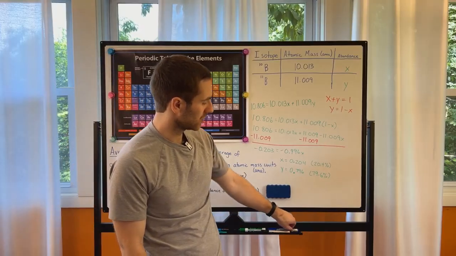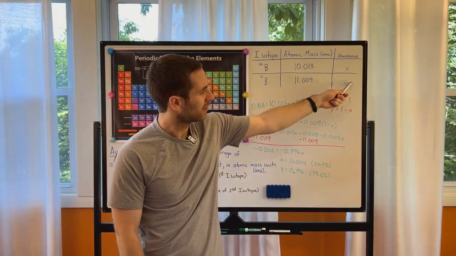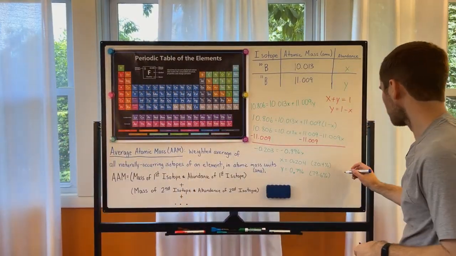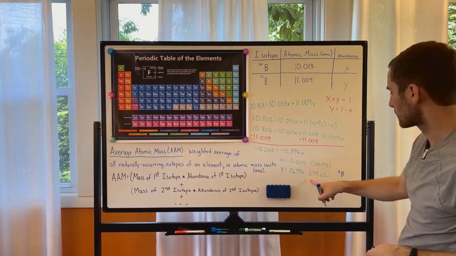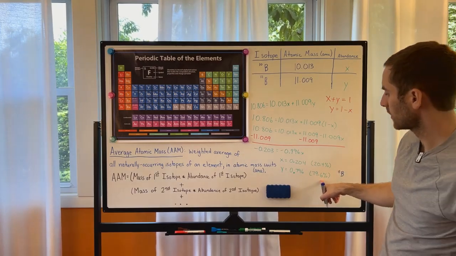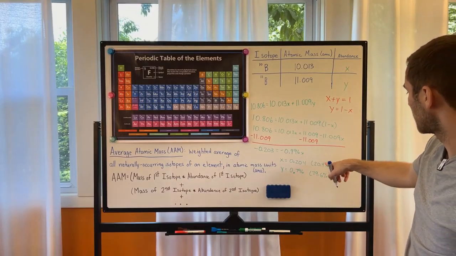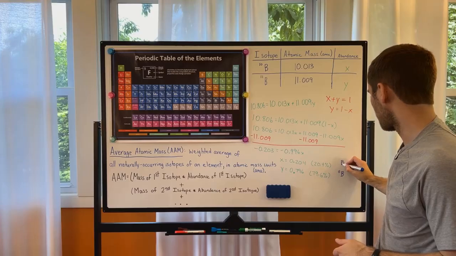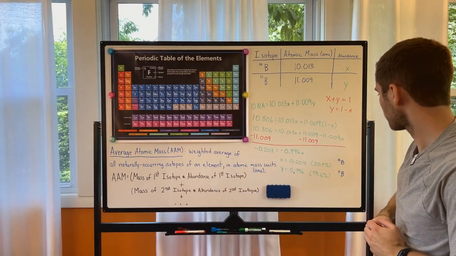So what that means is that 79.6% is Y. Well, what is Y? We established that that was boron 11. So 79.6% of boron atoms have a mass number of 11, and then X was boron 10, so 20.4% have a mass number of 10.